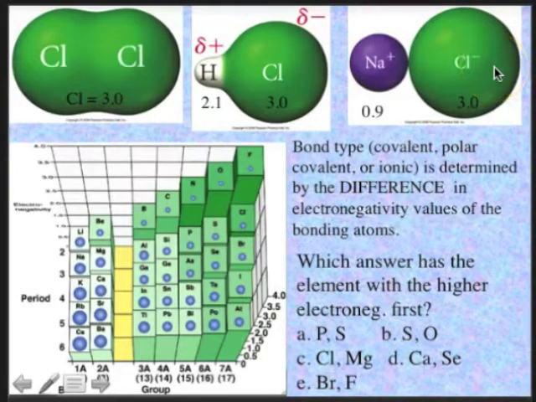So it's the electronegativity difference that can tell you whether you're dealing with a purely covalent bond, as in the case with chlorine, or a polar covalent bond, as what happens when hydrogen bonds covalently to chlorine, or an ionic bond. You have a sodium ion bonded ionically to a chloride ion.